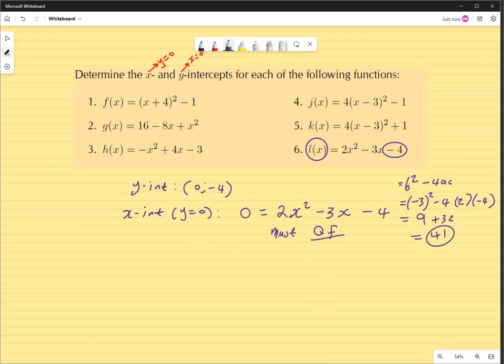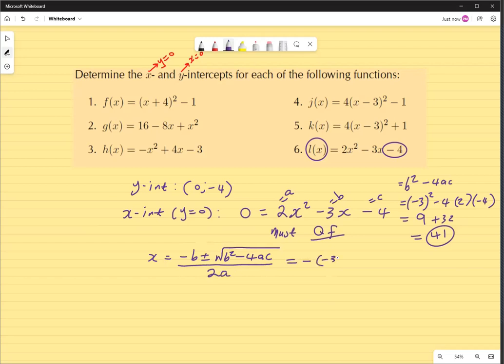So we're quickly going to use our quadratic formula and see how much we get. I can see that my a is that, my b is that, and that's my c, right? So let's substitute into the quadratic formula. Remember, it's -b plus minus the square root of b squared minus 4ac, all over 2a. Now let's substitute.